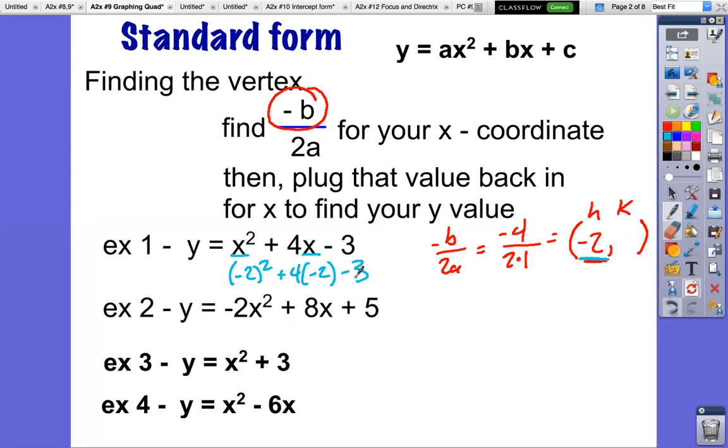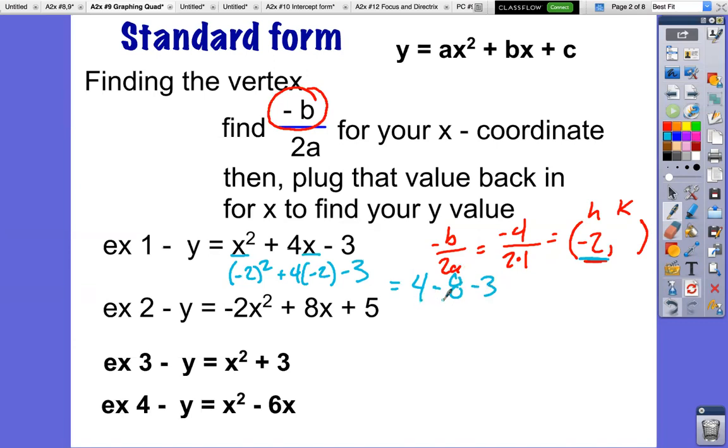So what is -2 squared? 4. Now, if you type that in your calculator and you didn't use parentheses, you would have got -4. 4 times -2 is -8 minus 3.